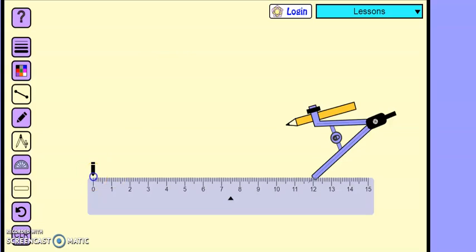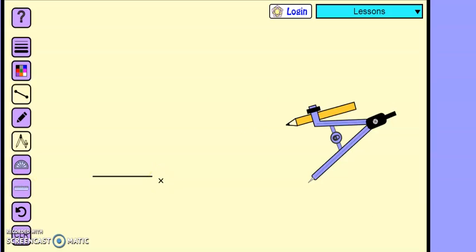So I am going to draw a line segment like this. This is of measure 3.2 centimeter, AC. Okay.